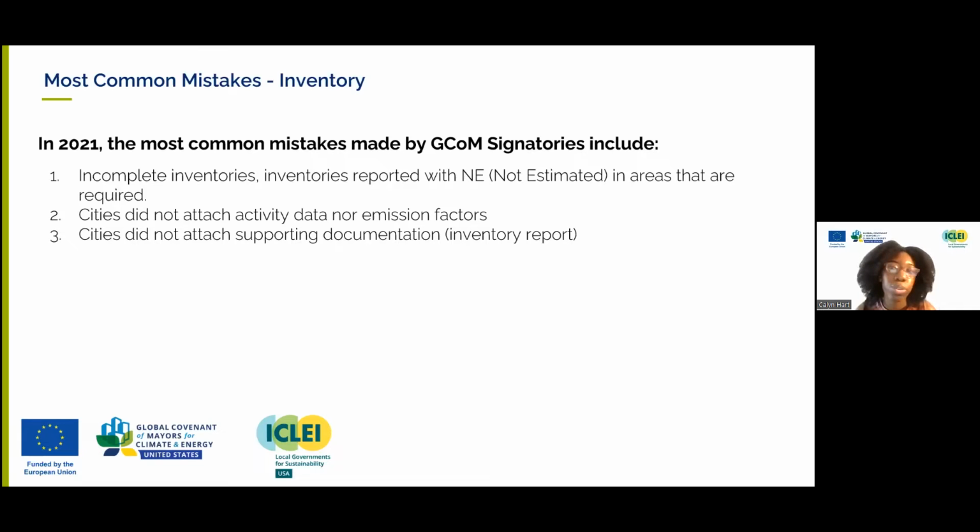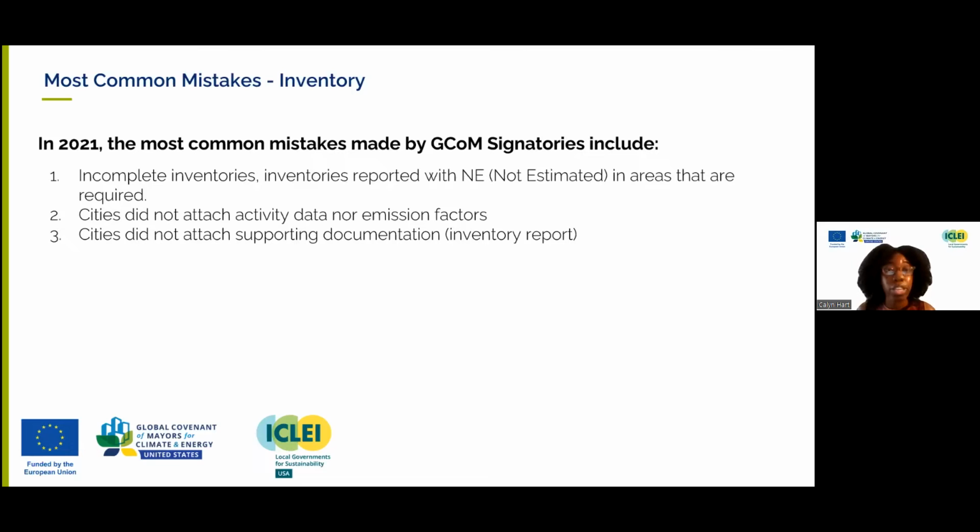So when you're going through and filling out the table, say in the CDP-ICLEI track, if you say you don't have institutional emissions data or activity data, and you just put a 0 and no notation keys, that would be an incomplete inventory and would count against you.